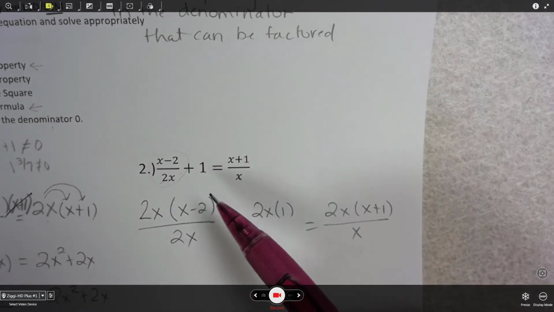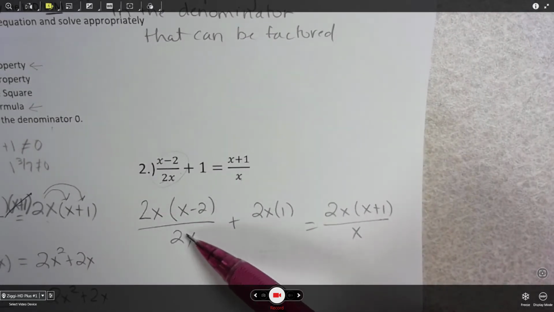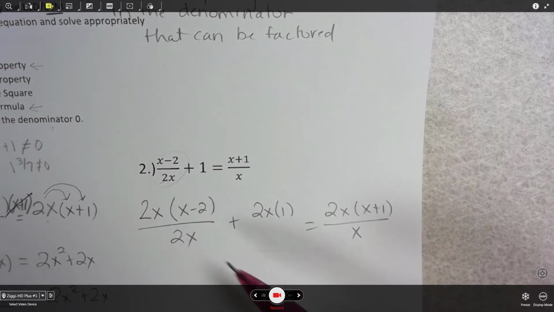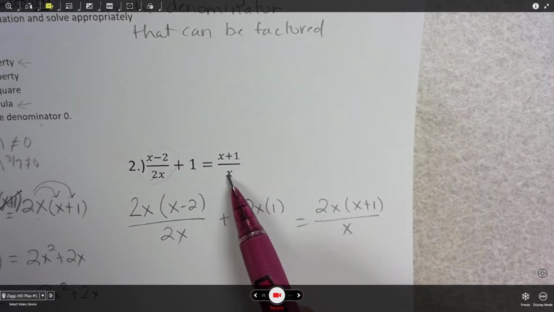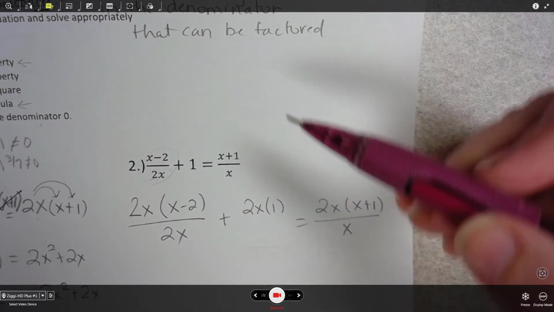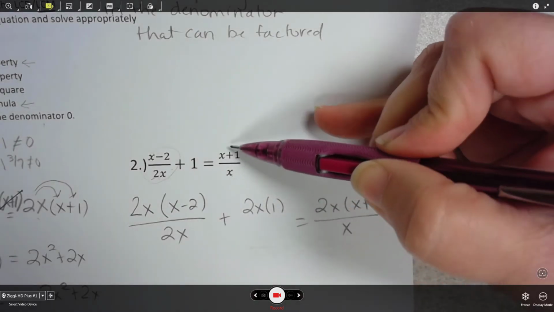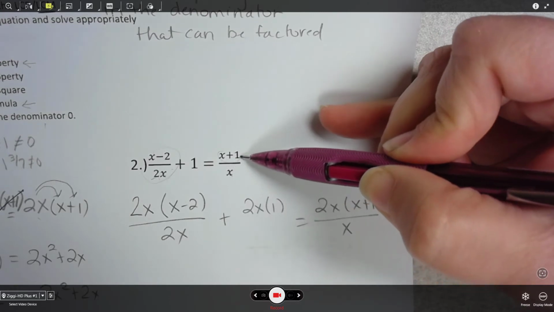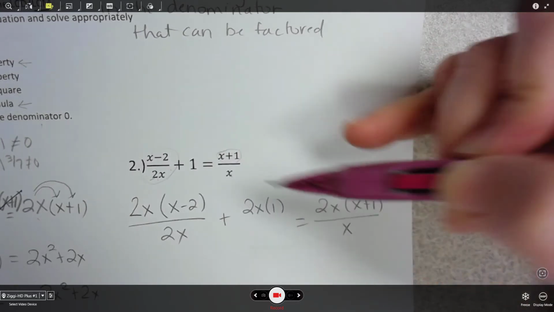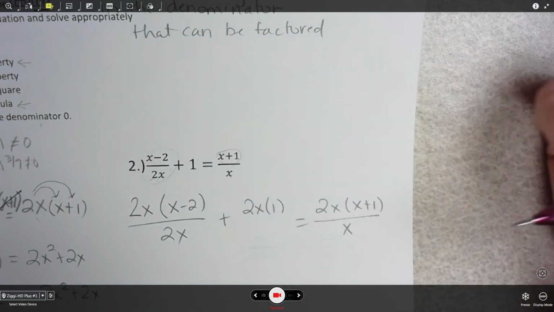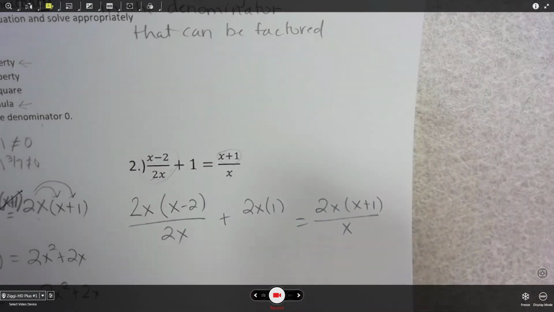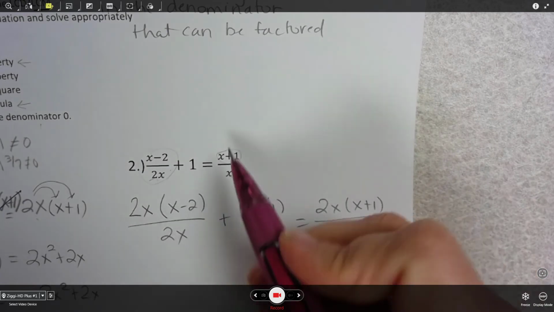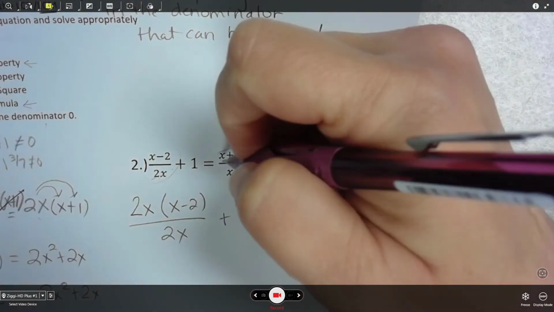Alright, so I've got something here that the 2x on the bottom will cancel with on top. Alright, and then I have this other denominator x, so I need something that x will cancel out with. Alright, now it cannot cancel out with this x, because this x and this 1 are being added together. You cannot split them apart by division. Alright, so you can't just cancel that out.